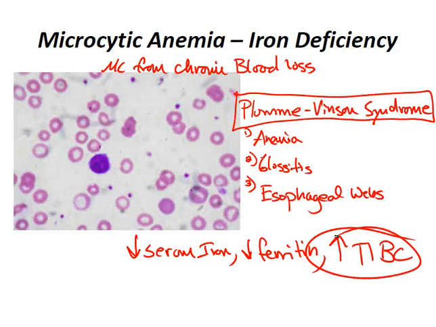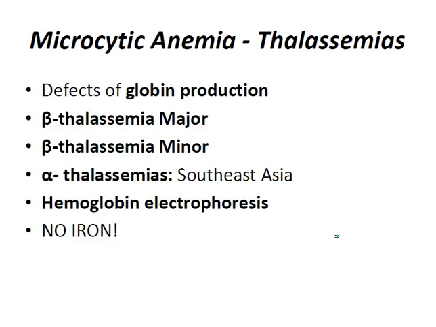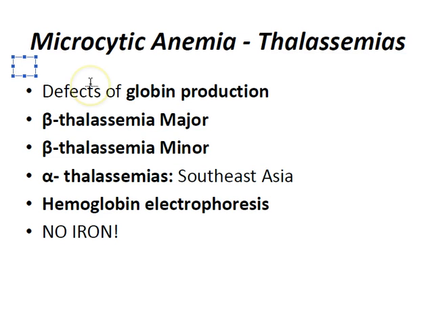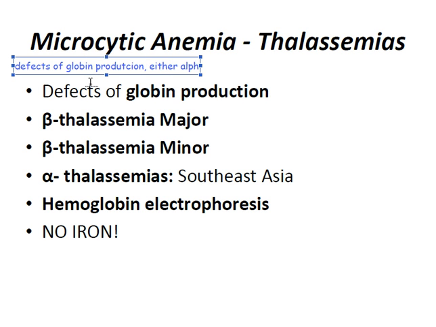So now let's talk about the thalassemias. What are thalassemias? Thalassemias are defects of globin production, either the alpha globin or beta globin chains get disrupted.